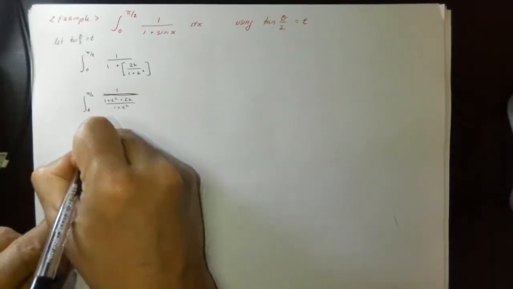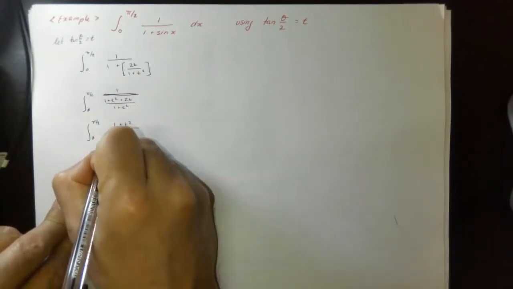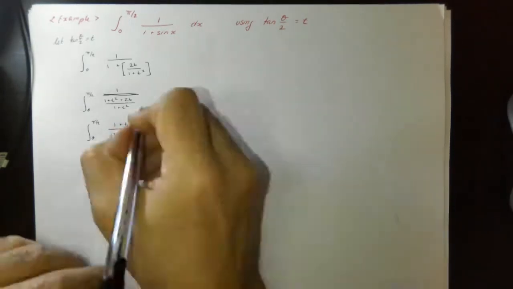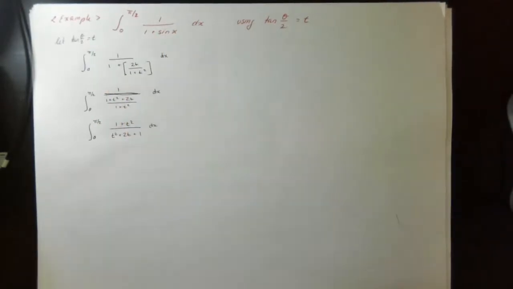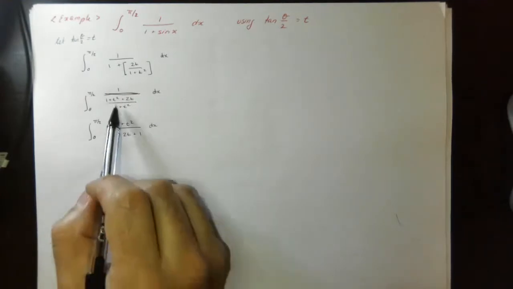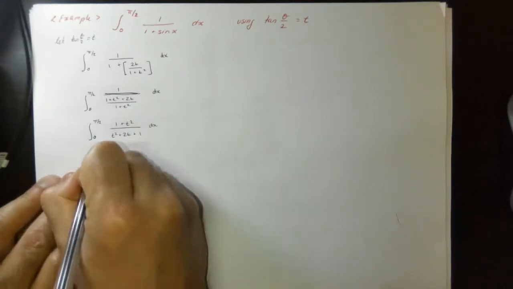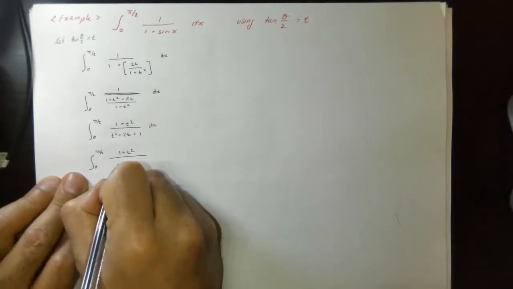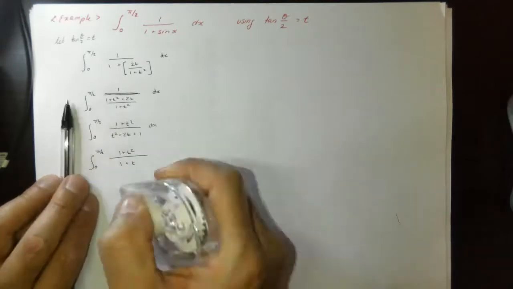So I've got 1 plus t squared over t squared plus 2t plus 1. I've just rewritten that to be a quadratic, and that's a perfect quadratic. So we have 1 plus t squared on the top, and then we have t plus 1 all squared.